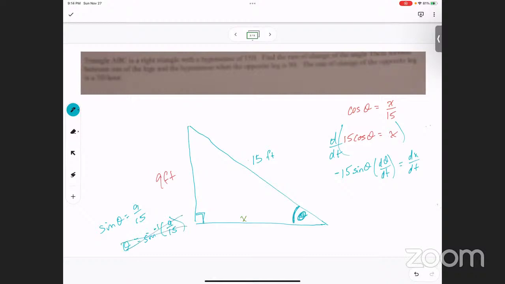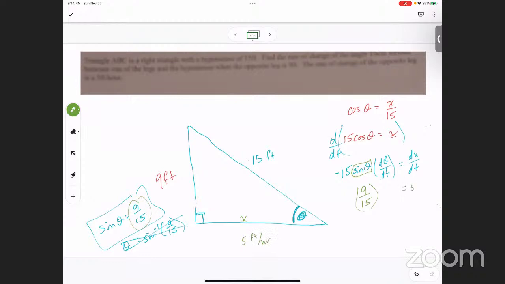Actually, no. All I need is this. So here's my formula, and now let's just plug in what we have. Sine theta is 9/15. Dx dt, what did they say that was? 5 feet per hour?